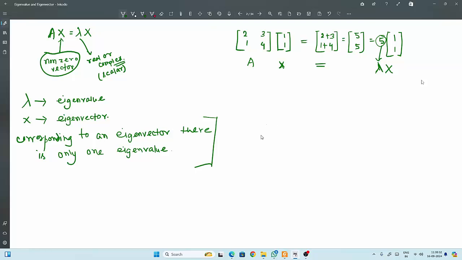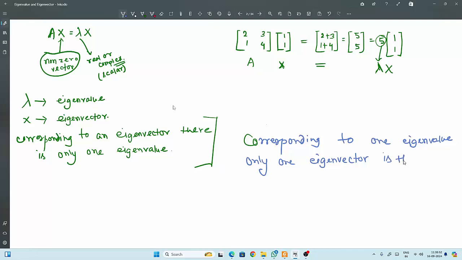That means, can we say that corresponding to one eigenvalue only one eigenvector is there? This is another question. Corresponding to one eigenvector there is only one eigenvalue, which we have already said is always true. But corresponding to one eigenvalue, is only one eigenvector there? Can we say that?